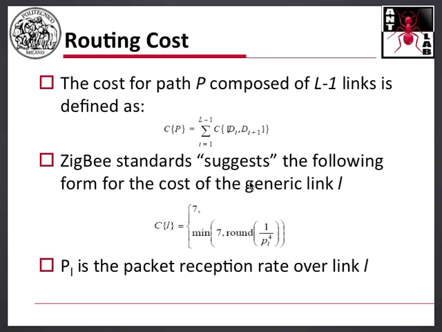The second metric depends on the quality of the link, measured as the probability of receiving one packet. The higher the probability, the lower the cost for using that link. This is inversely proportional to the probability of receiving a packet. So the higher the packet reception probability, the lower the cost of the link, and the higher the probability of using that link in a shortest path kind of routing.